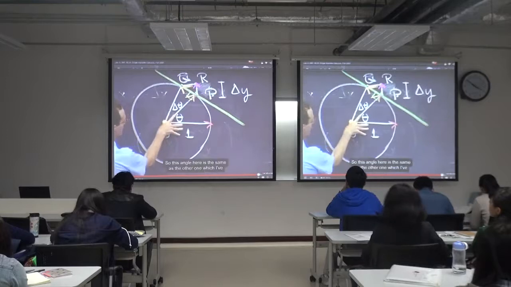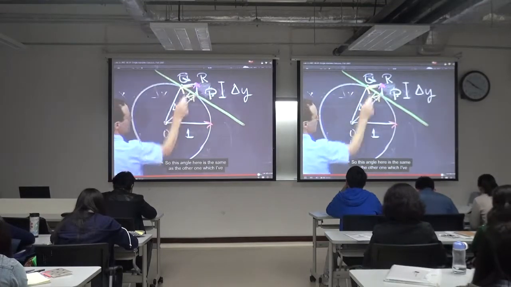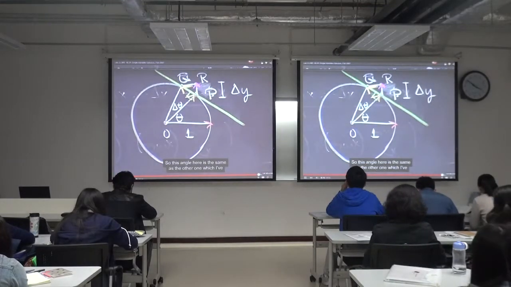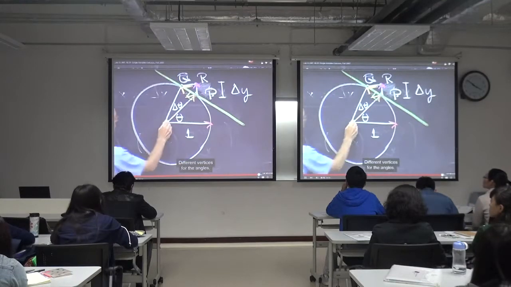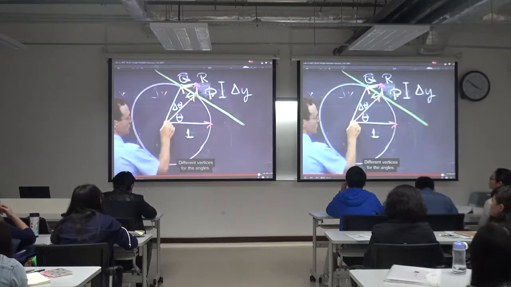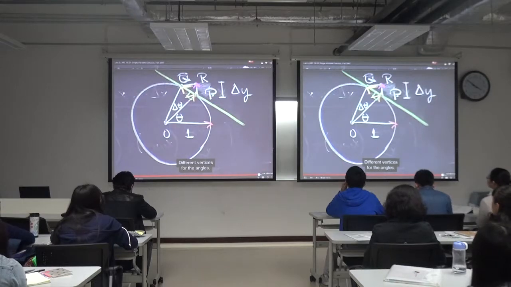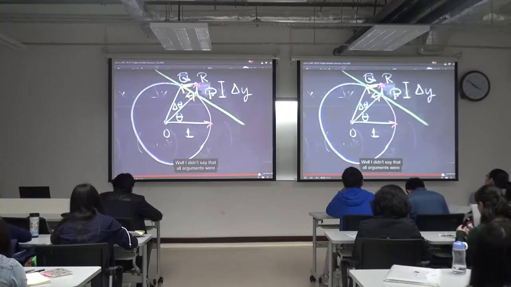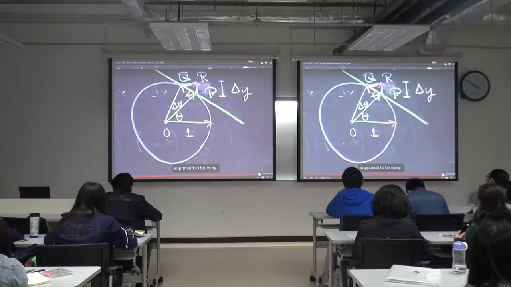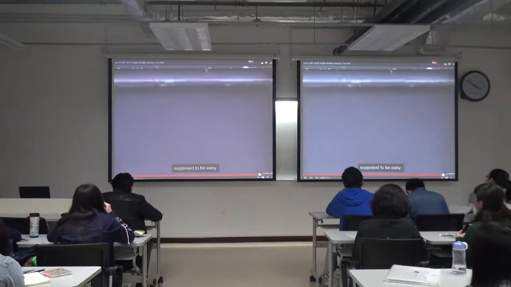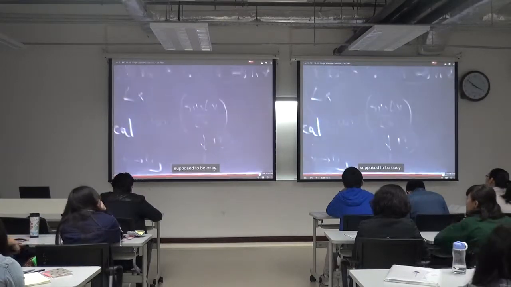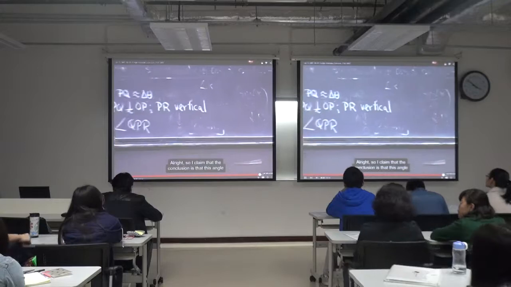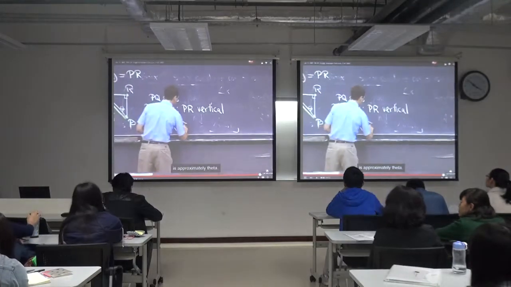So this angle here is the same as the other one, with different coordinates, different vertices. So I claim that the conclusion is that this angle is approximately theta.